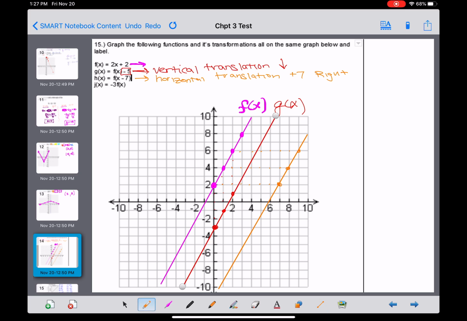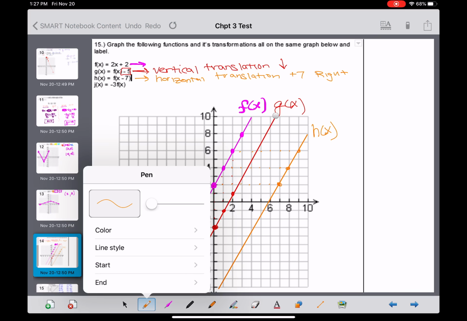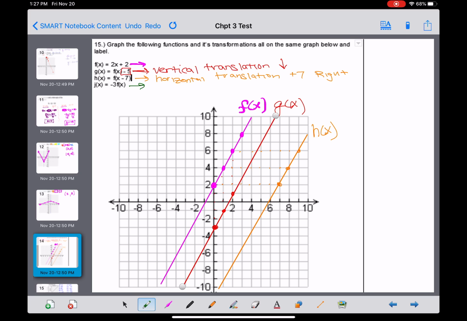And that gives me my function, h of x. The last one's really the only one that you need to do any calculation with. We are looking at a vertical stretch, and we're also looking at a reflection because of the negative.